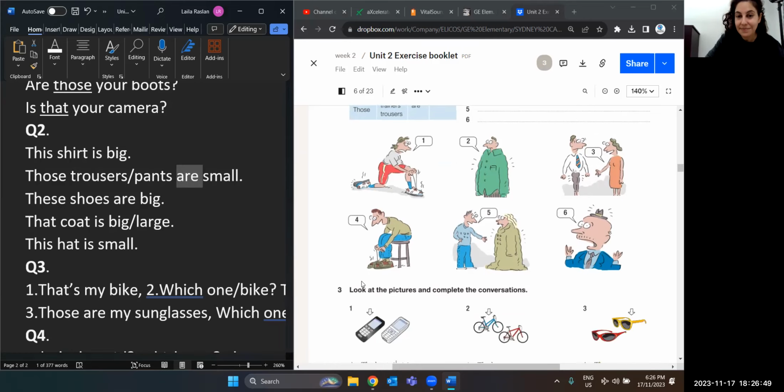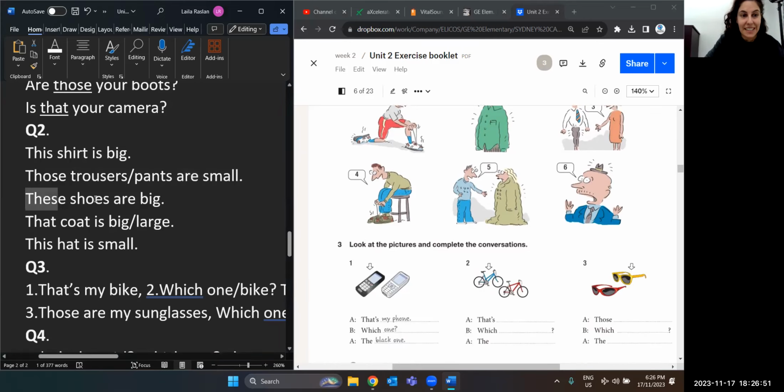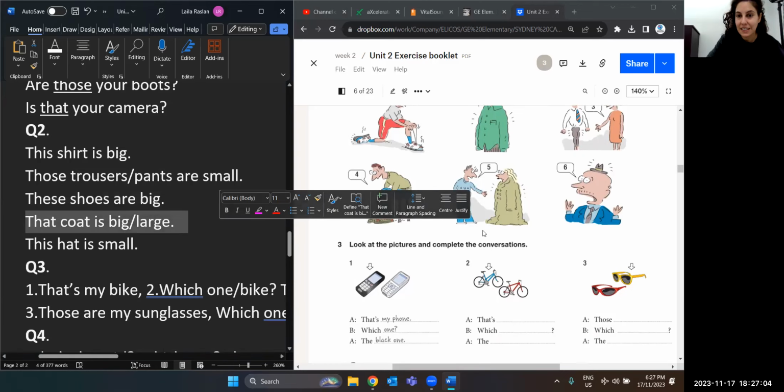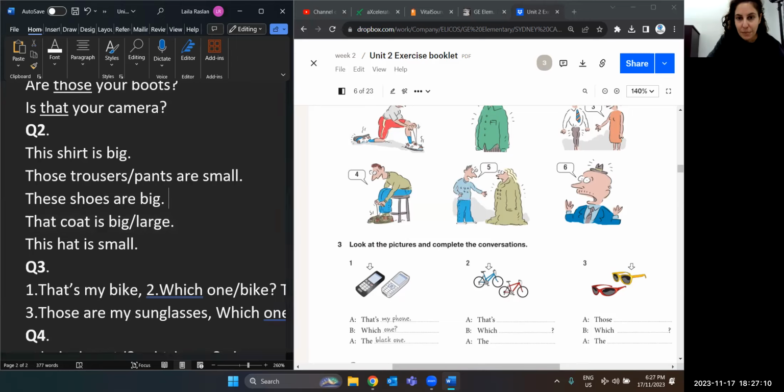Number four, these shoes are big. Number five, sorry, these shoes are, I think they're big.